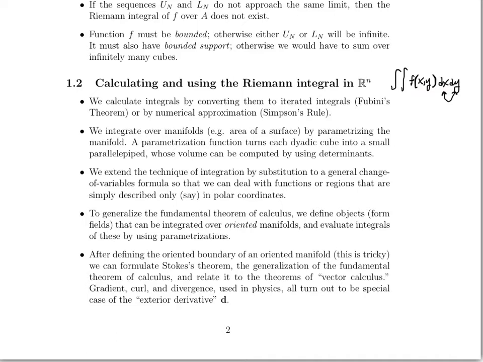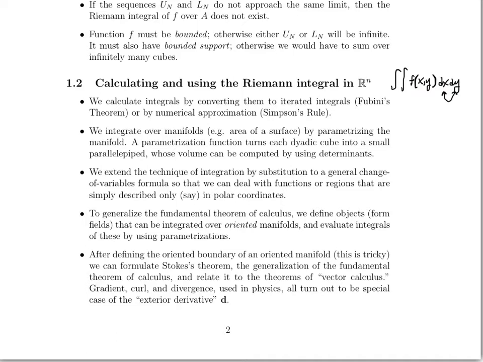So we'll be integrating over manifolds, and what the parametrization does is it takes every single dyadic cube that you see in terms of x, y, and z, and it turns it into a little parallelepiped. We're going to get into this in much more detail, but a parallelepiped is basically a k-dimensional parallelogram, whose volume can be computed by using determinants.